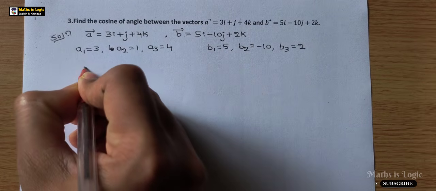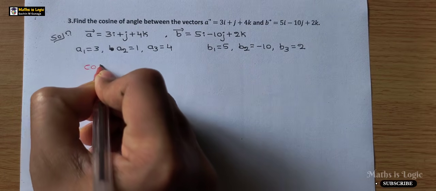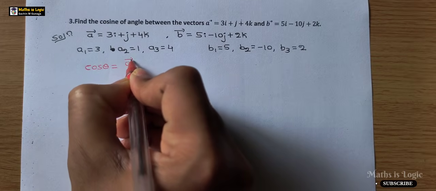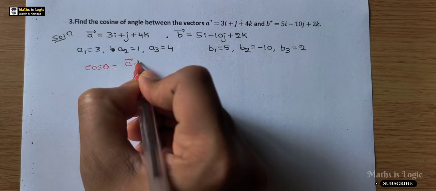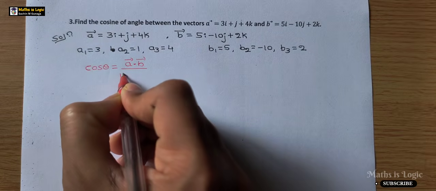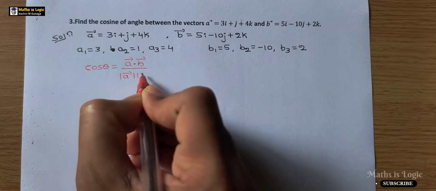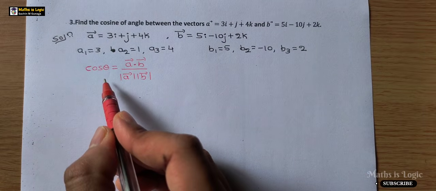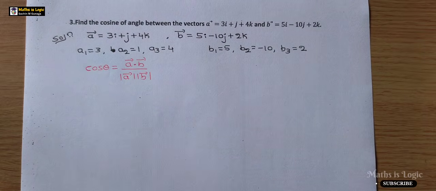What is that formula? Cos theta is equal to a vector dot b vector divided by magnitude of a vector into magnitude of b vector. So this is the formula for cos theta.